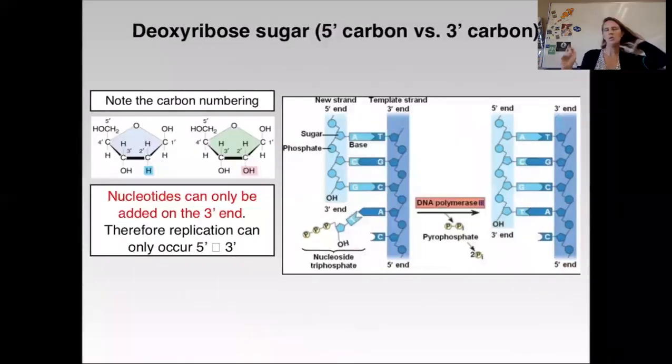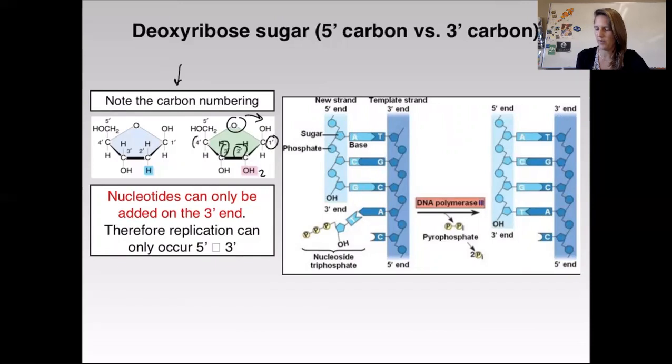All right, I just want to now go back to the sugars, which we've kind of gone over before. So we'll do this quickly. Remember that the carbon numbering is absolutely essential, that you understand that you start at the 0 and you go clockwise. 1 prime, 2 prime, 3 prime, 4 prime, and 5 prime. Remember, the 5 prime carbon is out of that ring, right?